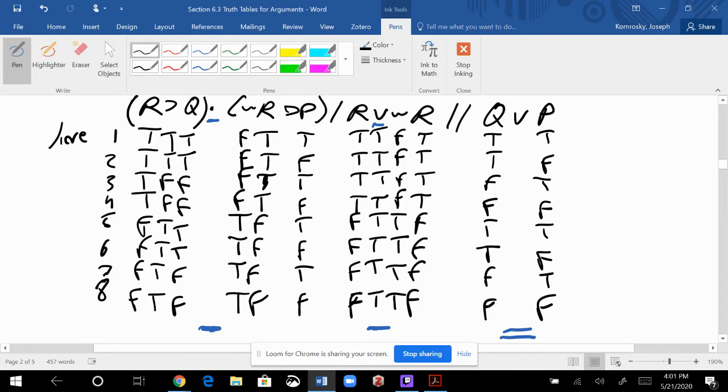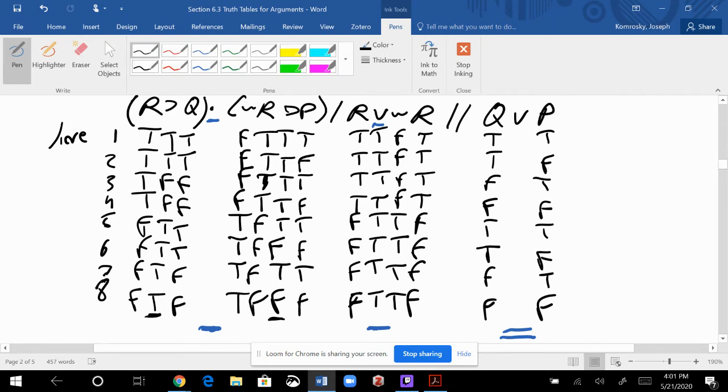Okay, so let's do true, false right here. True, false right there. Everything else is true. So now I got to take the value that I got from here, compare it to here, and then I will get this one right here. And this is a conjunction.